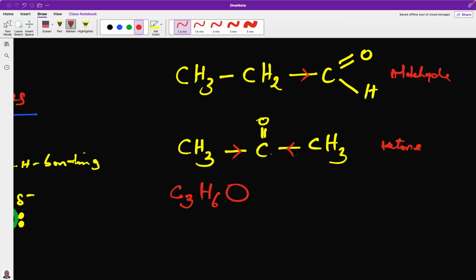For this reason, you will see that the oxygen atom in this ketone here has more negative charges than the oxygen atom in the aldehyde. I said more electrons are donated here in the ketone than in the aldehyde, making the ketone more stable than the aldehyde.